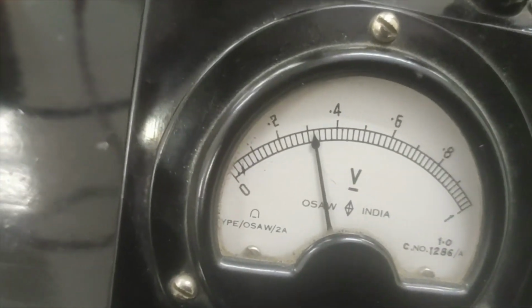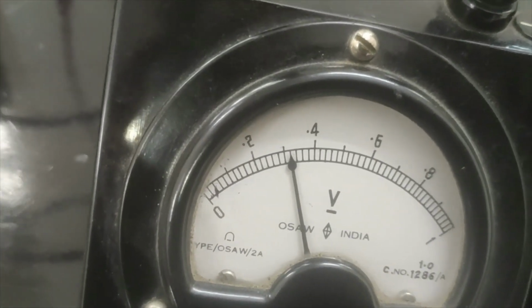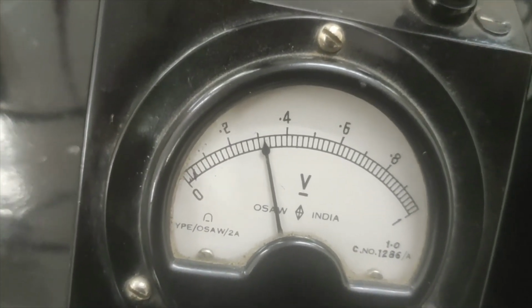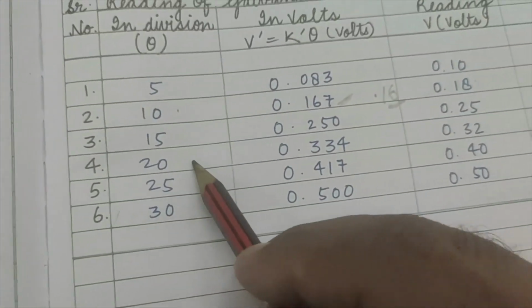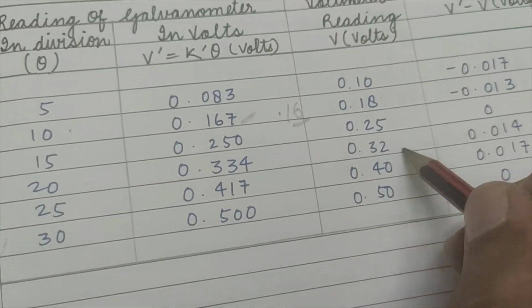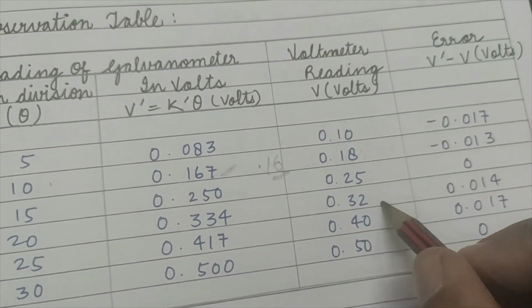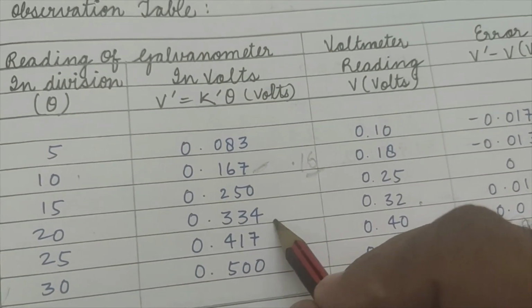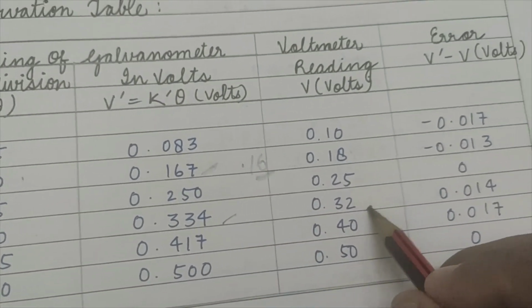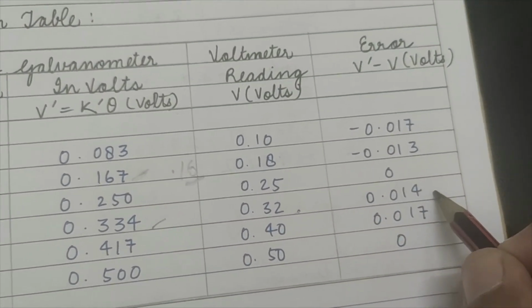When it is 20, what I have is 0.32. So we write that when it is 20, I am getting 0.32 from the original voltmeter reading, and the converted value is 0.334. We compare them, and the difference is only 0.014.